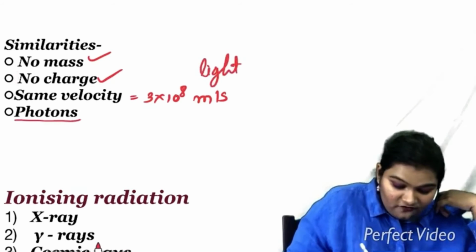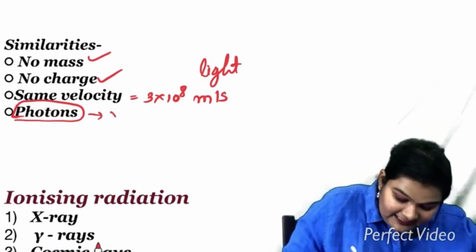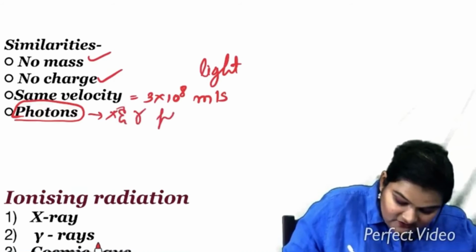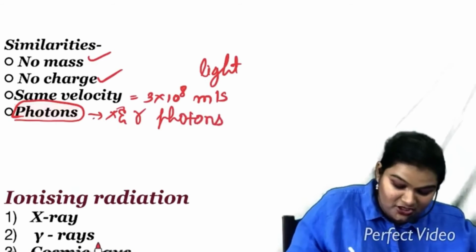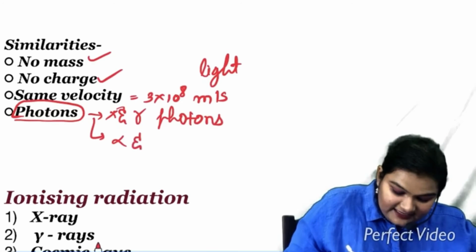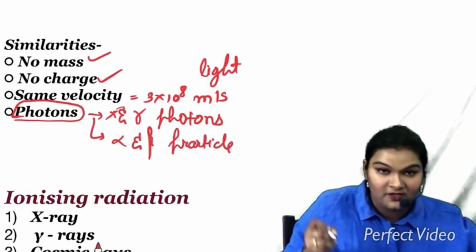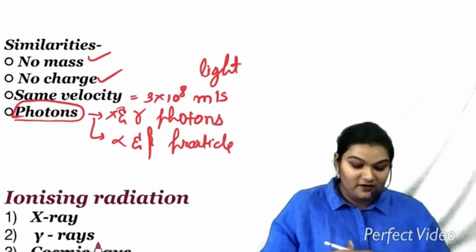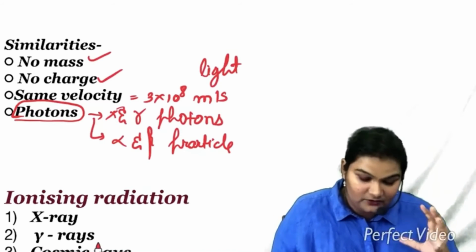Then they are all photons, like X-rays and gamma rays. They are packets of photons moving in a particular direction, whereas the alpha rays and the beta rays are particles, oscillating particles. We are going to see this in detail, what you mean by alpha, beta, X-rays, gamma rays. For now, just keep this in mind.